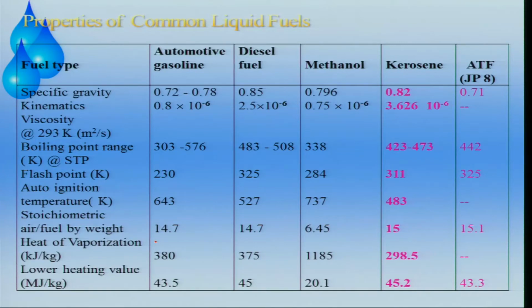I must just tell you the specific gravity which I have shown for these kerosenes and ATF, aviation turbine fuel, JP8. There are several kinds, you can look at the numbers, and the kinematic viscosity shown here, and the boiling point, which has a range. The flash point is 311 and 325, which are nearby. The auto ignition temperature is higher than the flash point, and of course the stoichiometric ratio for hydrocarbon fuel is generally around 15.